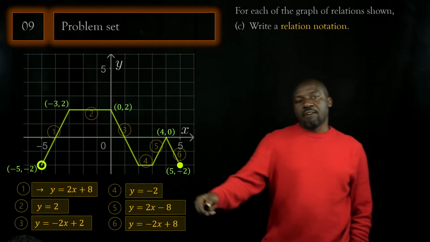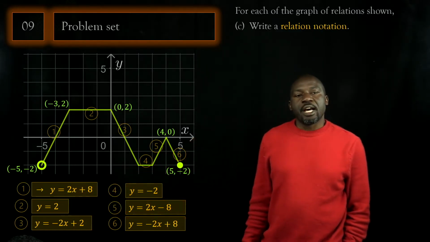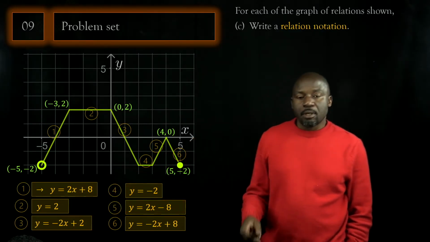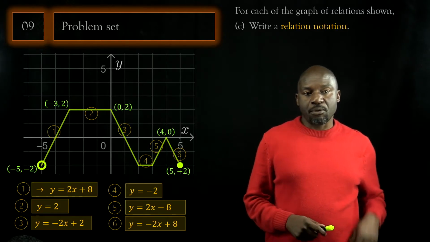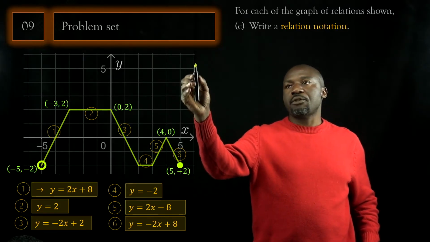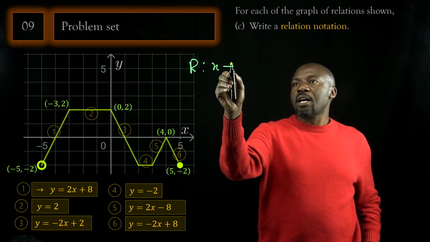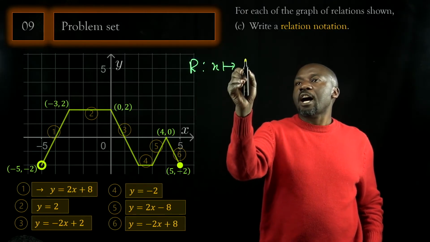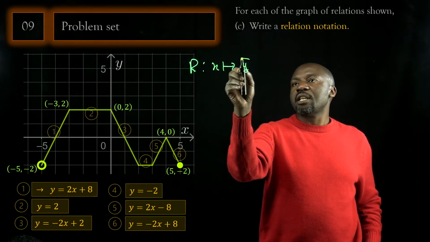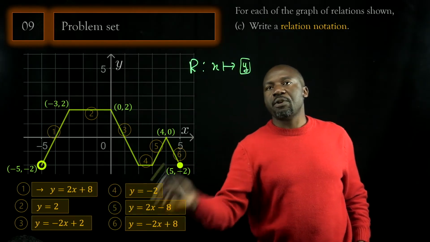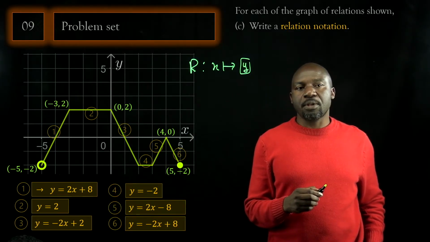Okay, I have summarized them here. So now then, how do we write the relation? When we have 6 different rules, we want to write a relation of the form R is such that X maps onto Y. But there are 6 different possible Y's. So how do I do that?